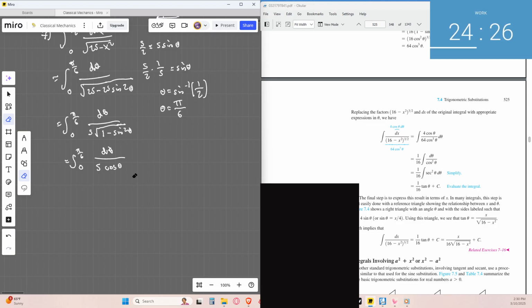Yeah, because if we do use substitution, the problem is that we're going to be left with sine of theta, and that doesn't help us.